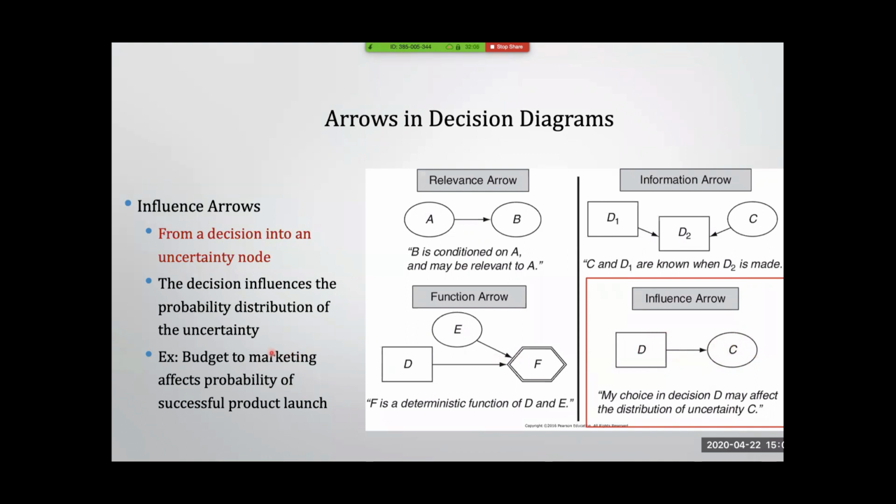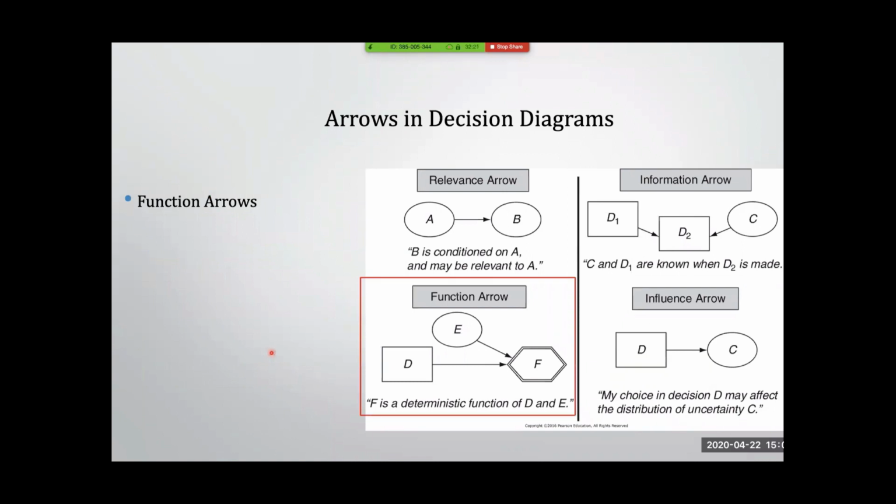So again, an influence arrow is strictly defined as the special type of arrow that comes out of a decision and goes into an uncertainty. Another type of arrow is called function arrows. It is the type of arrow that enters into a deterministic or value node, or simply put, an arrow that comes into a double line shape, maybe an oval shape or a stop sign shape.